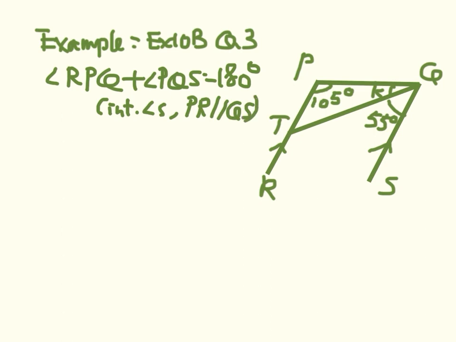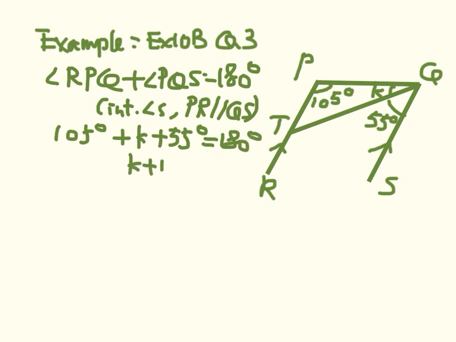So 105 degrees plus K plus 55 degrees is 180 degrees. K plus 160 degrees is 180 degrees. K is 20 degrees.